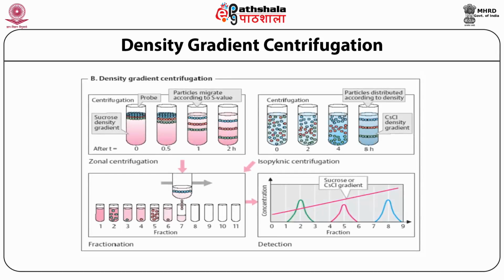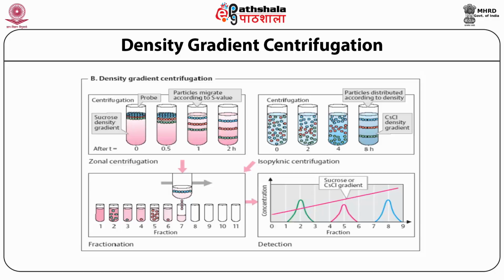You can see further illustration of both types of density gradient centrifugation, like in rate zonal centrifugation. There is a sucrose density gradient medium, and the cell organelles, for example with different S values, are put at the top and then centrifuged for a particular time.